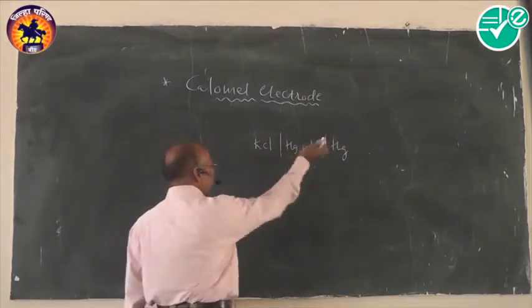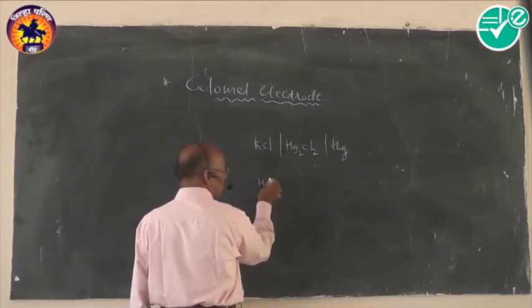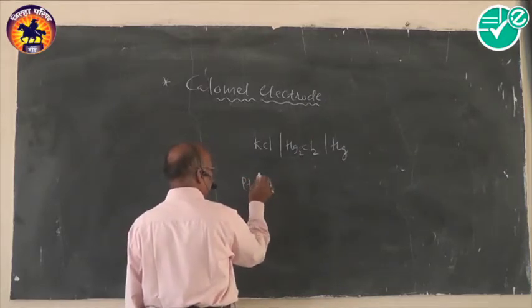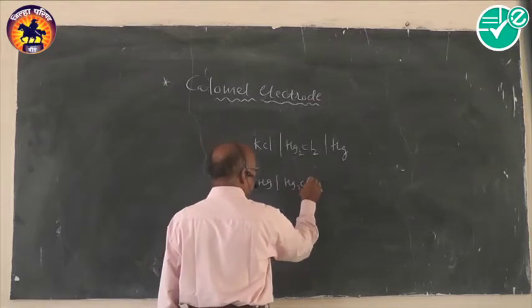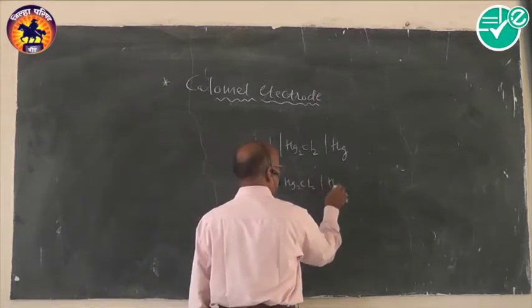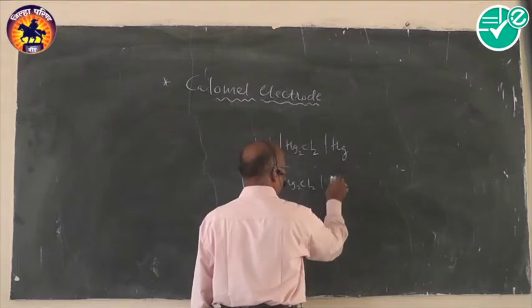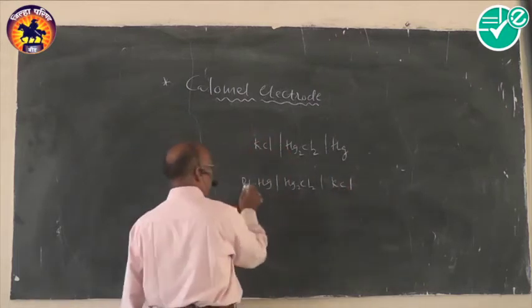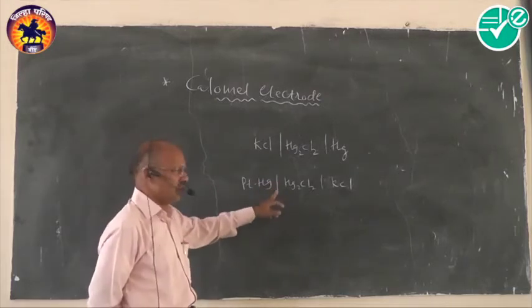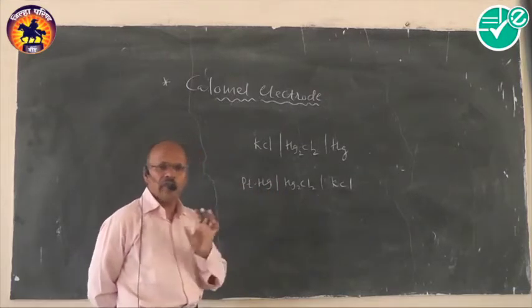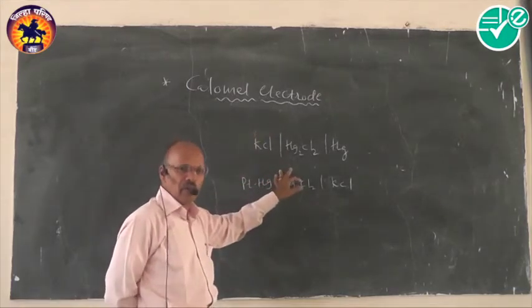Along the same, we can represent the cell like this: platinum in some cases, mercury, then mercurous chloride, Hg2Cl2, then saturated KCl. Whatever the cell may be, we have to represent the cell in this fashion. So this is the cell representation for the calomel electrode.